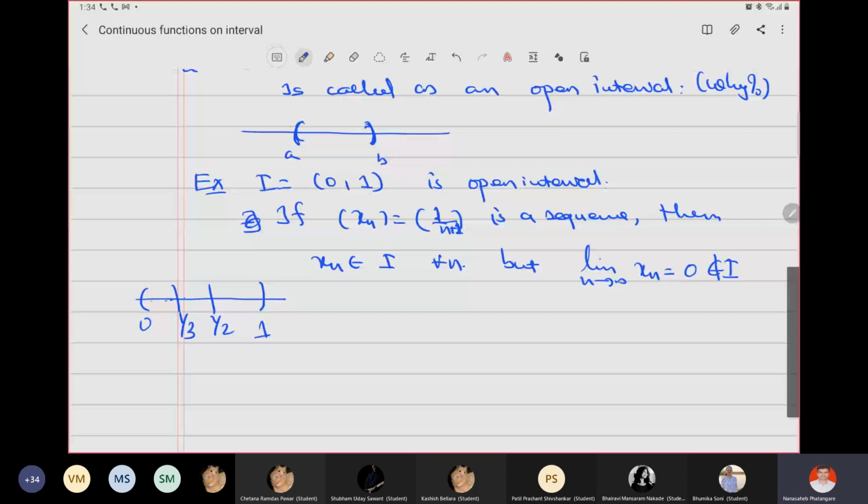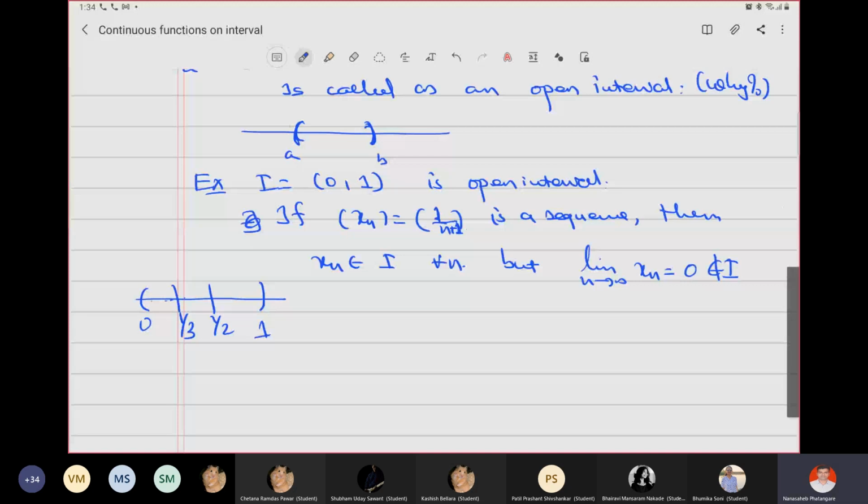So due to open, that means if your room is open, your door is open, if you keep on walking, you may go outside the room after some time, right? Mathematically, what is happening and physically what is happening? If the door of your room is open, you will go outside after some time. Mathematically, there is a sequence which is inside. A person is inside the room, but if the door is open, he can go outside.